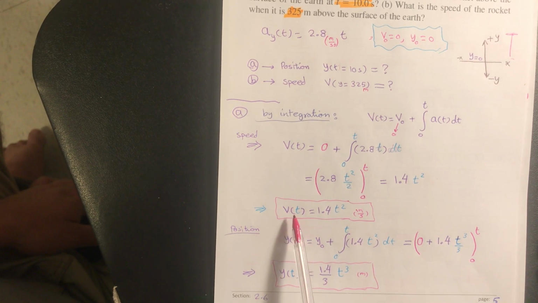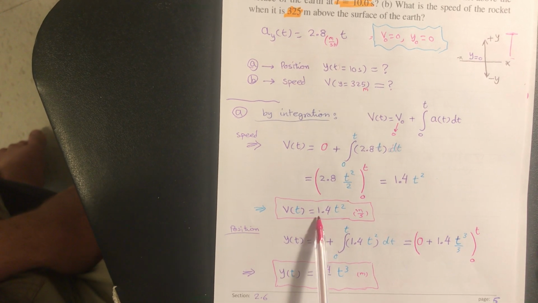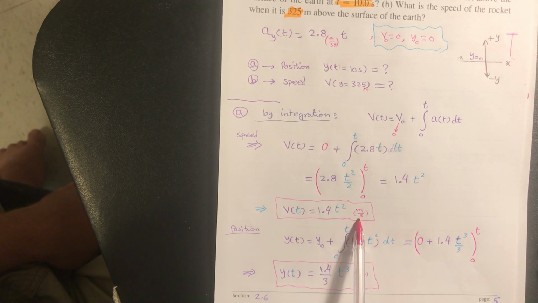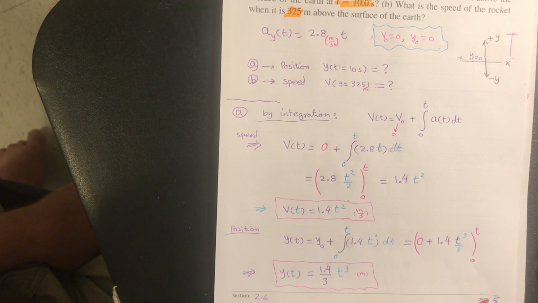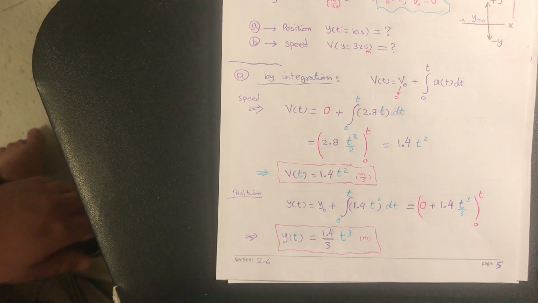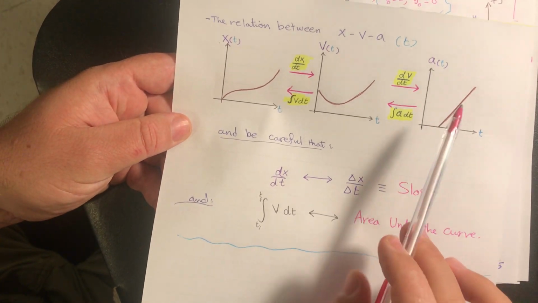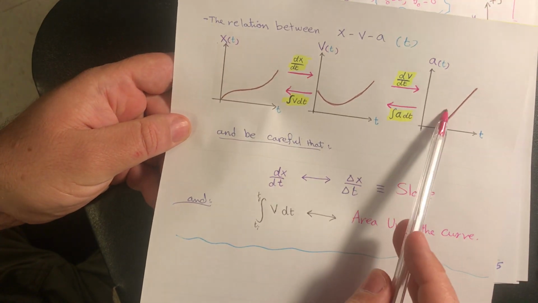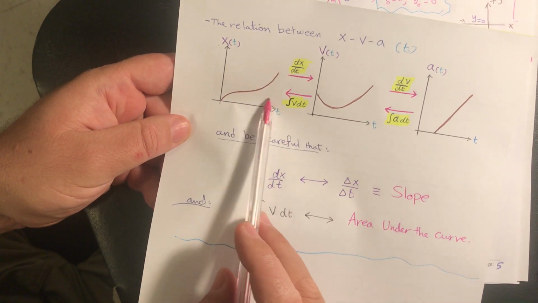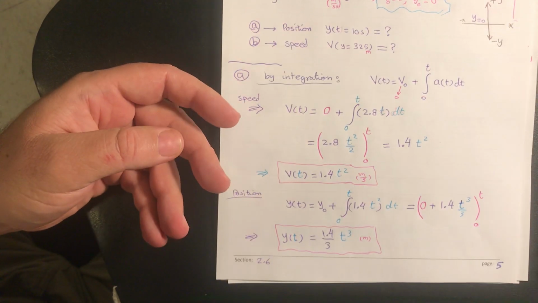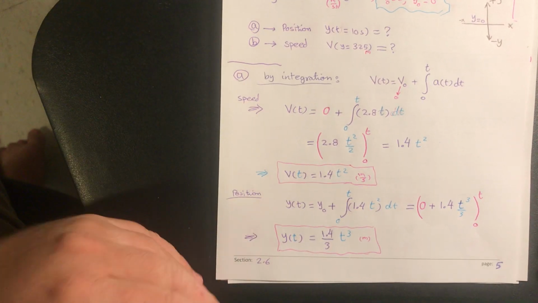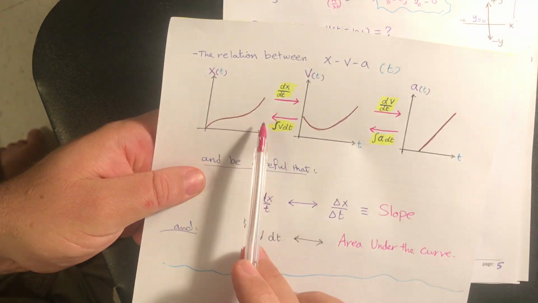Then the speed function of t is equal to 1.4 t squared meters per second. What about the position? We need to integrate again. We know the acceleration. We integrate to go to the speed, then integrate again to go to the position function. We need to go up step by step by integration.